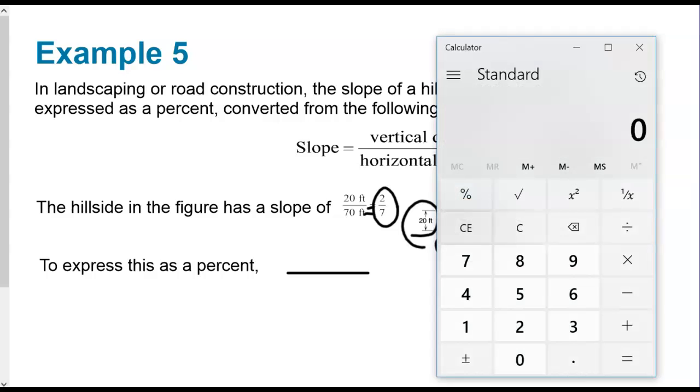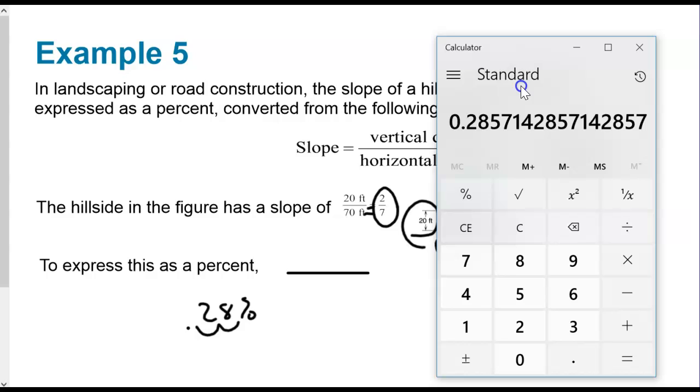Because you see the line there, you know that that's a fraction. You can go 2 divided by 7, which equals 0.28. Remember that once you get the decimal, that you're going to move that over. You're going to go from 0.28 over 2 places to be able to make the percent. And so we have a 28% slope.